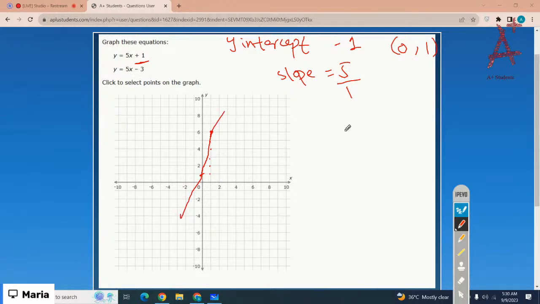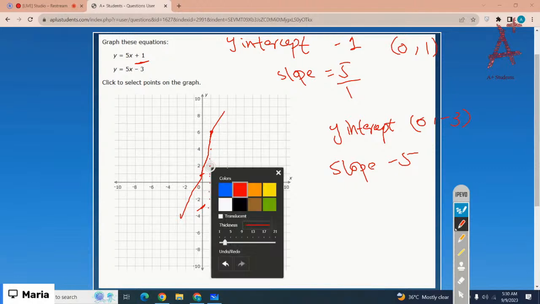Same thing you have to do with the other equation. The slope is 5. The y-intercept is negative 3. That means x is 0, y is negative 3, right? It would be here, like this. And for the other point, you can see the slope is 5. That means you have to move right 1 point and up 5 points. 1, 2, 3, 4, and 5.